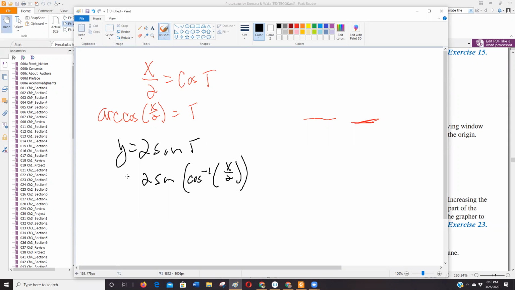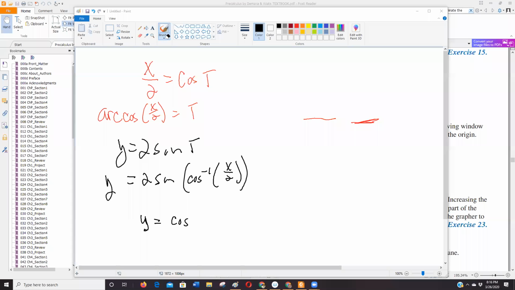And then what we did not too long ago, we said, let's evaluate sine of the arc cosine of x over 2. So we said, hey, let u equal the arc cosine of x over 2. Let's not use y because we've got y here, so let's call it u.